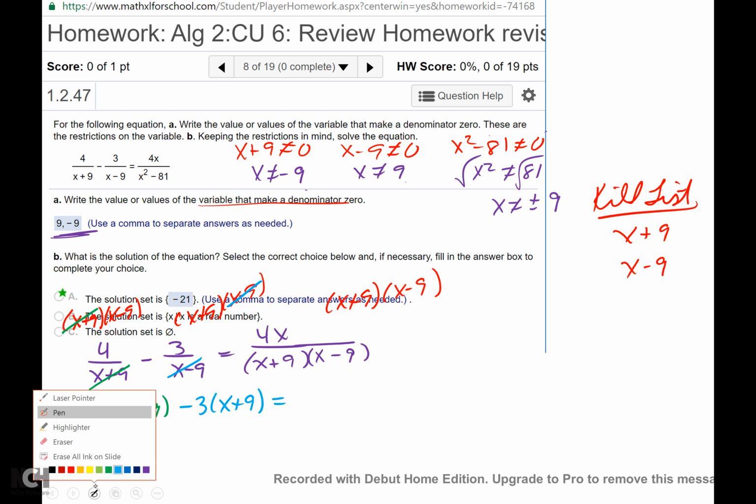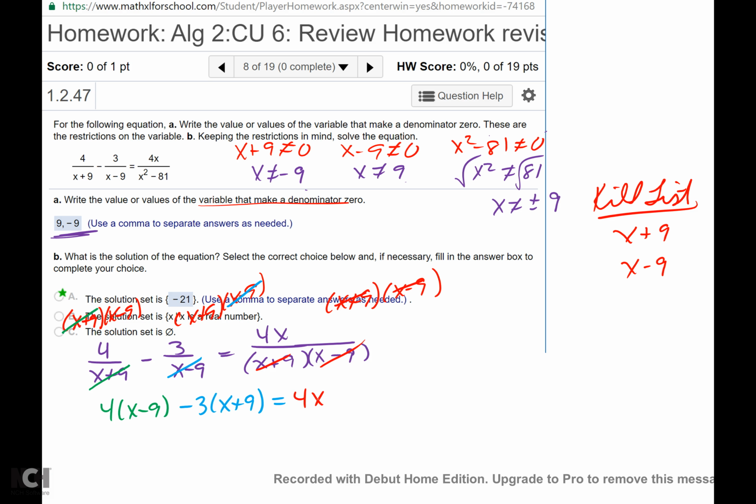And on the end, they both cancel, which leaves just plain old 4x. No more fractions, so we solve. I'm going to distribute, and I get 4x minus 36 minus 3x minus 27 equals 4x.